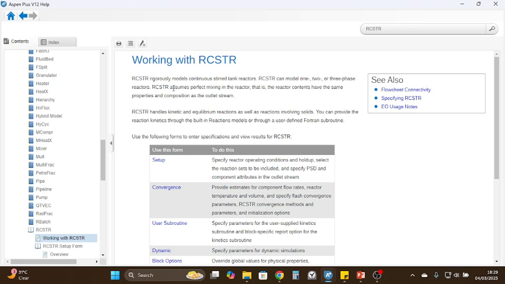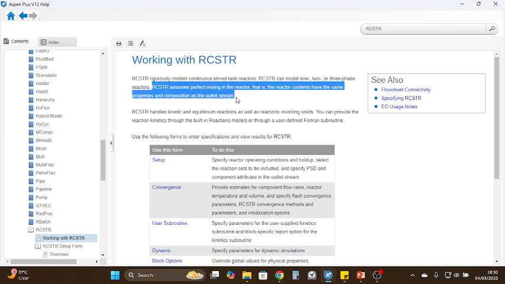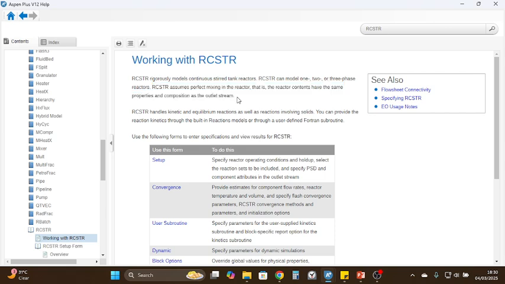What is the assumption that this model makes? It assumes that perfect mixing is occurring in the reactor, that is, the reactor contents have the same property and composition as the outlet stream. If you recall the basics of chemical reaction engineering, this is the assumption that we make to model RCSTR reactors.